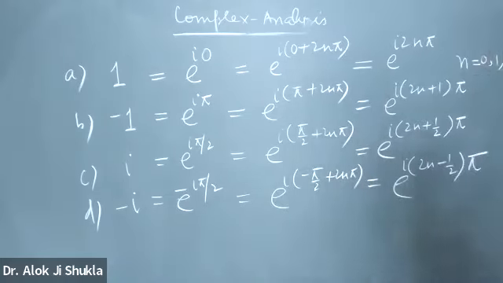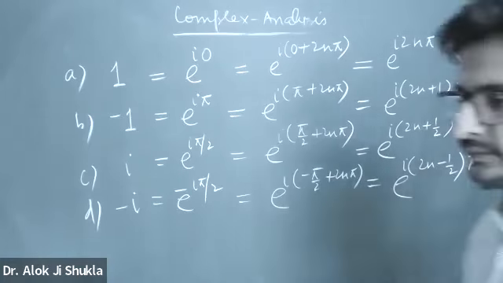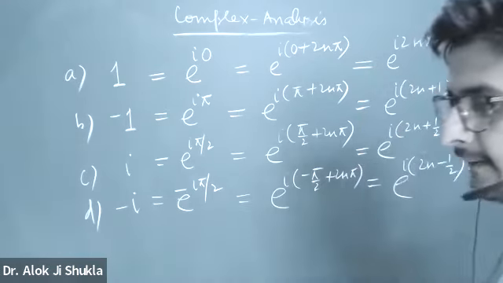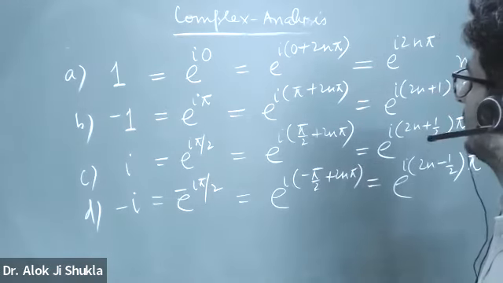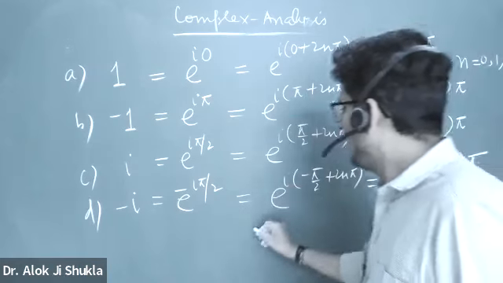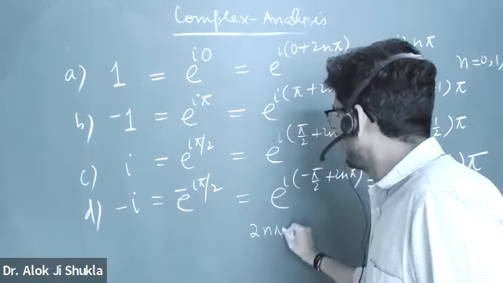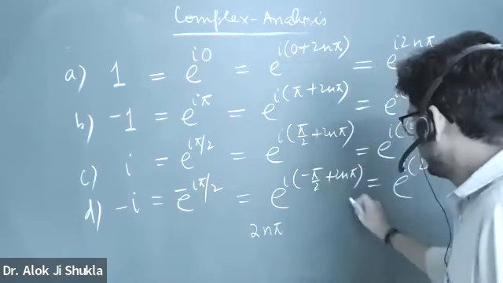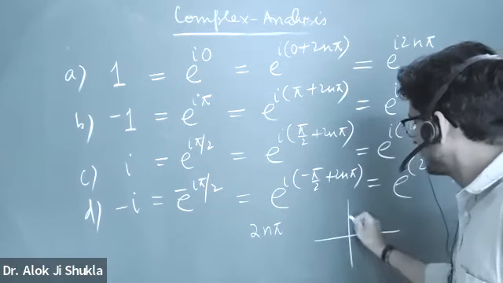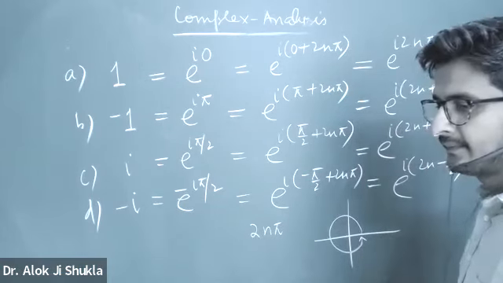If there is any doubt, ask. Sir, how was 2n added? Sorry, the 2n pi that you added, how did that happen, sir? 2n pi to make it general angle. Like if you make one rotation, it is 2 pi.